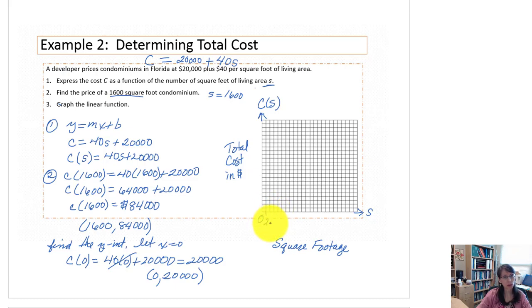Along the cost axis, we're comparing 20,000 with 84,000, so 84,000 would be the largest. We'll need to count probably by 5,000 for each line. So the next line would be 10,000. So it looks like if I skip every 2 lines, I'll be counting by 10,000s.